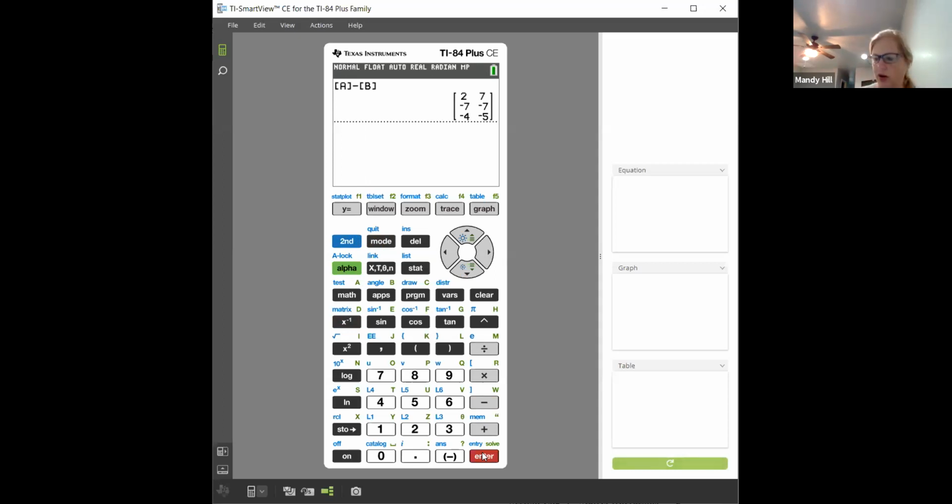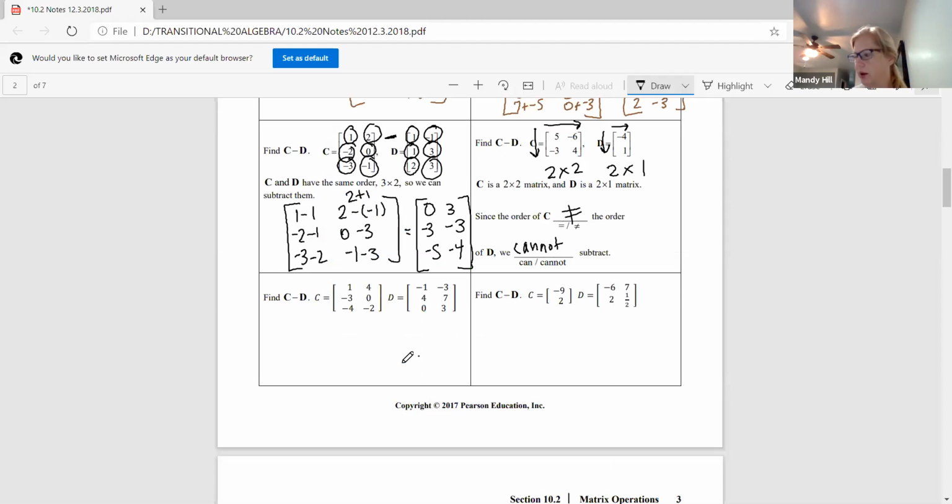And here is our answer. When we subtract these, we get 2, 7, -7, -7, -4, and -5. So that is what we got when we subtracted these two.